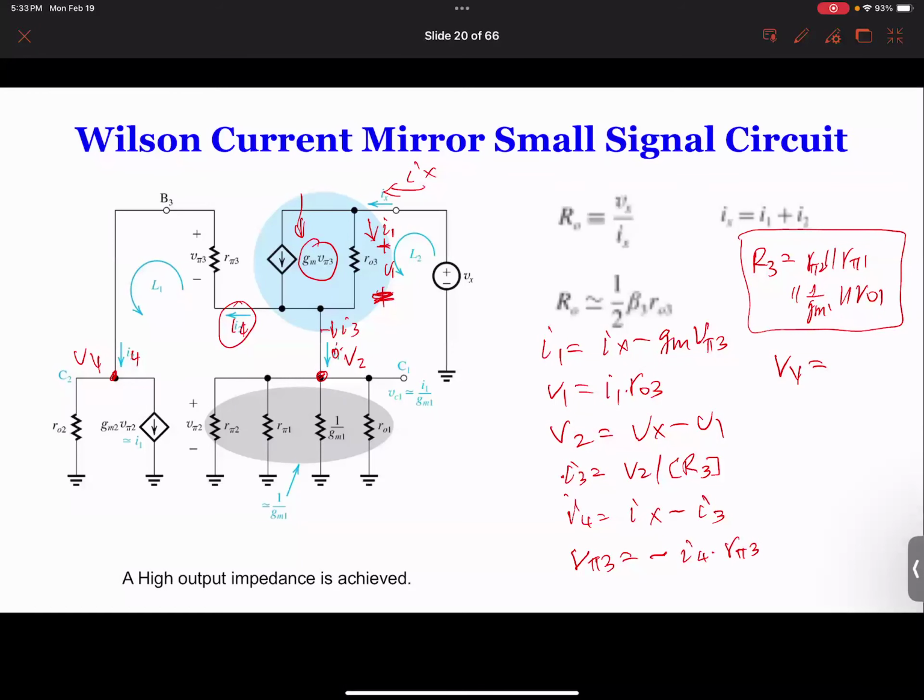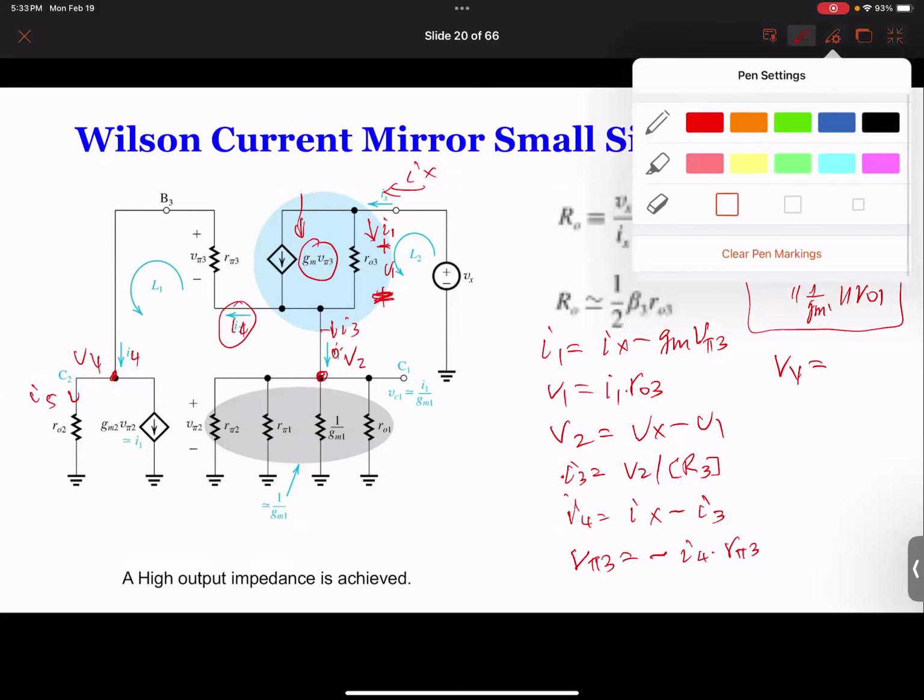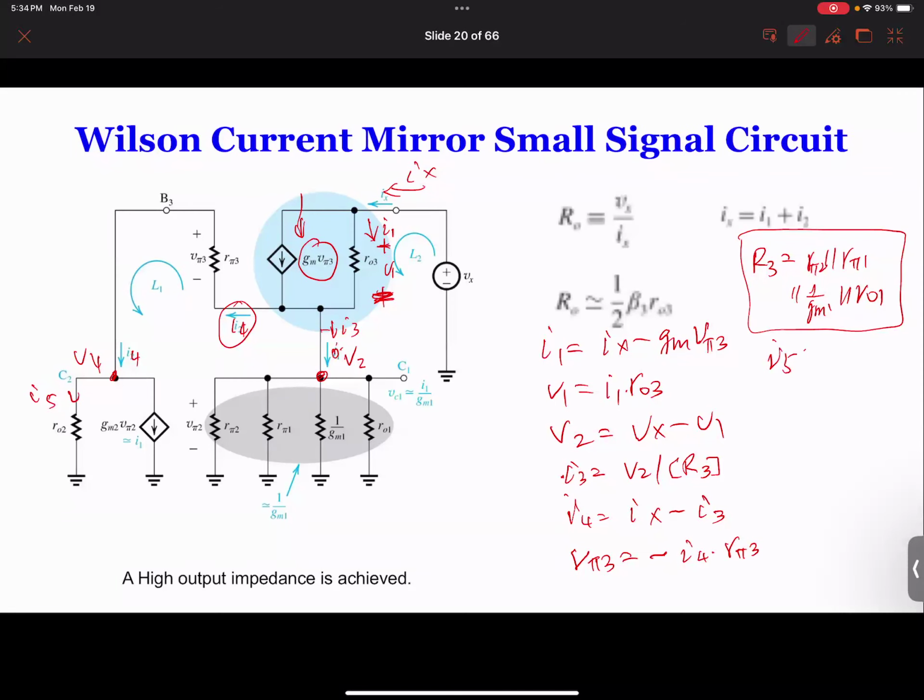First of all, we need to calculate this I5. So I5 equals I2 minus I4 minus Gm2 times Vπ2.